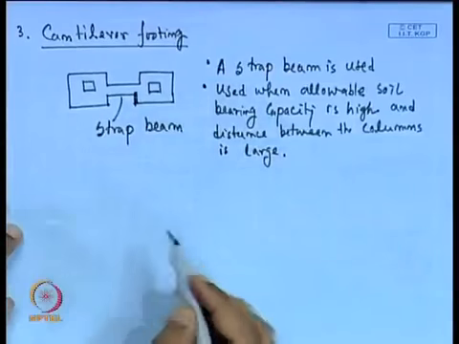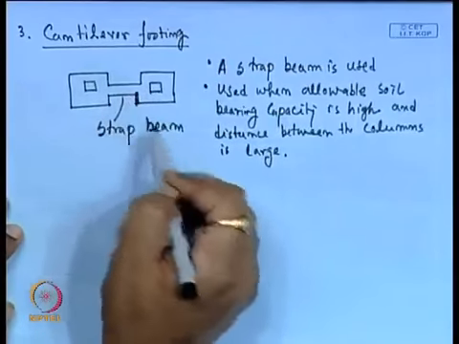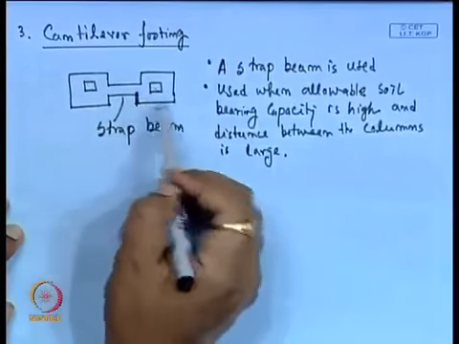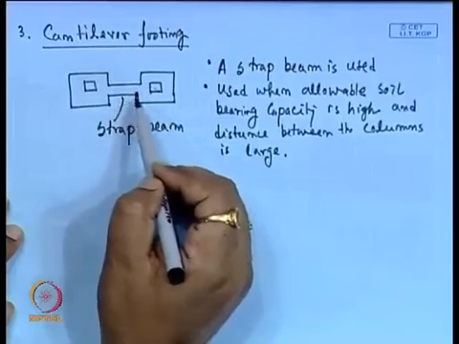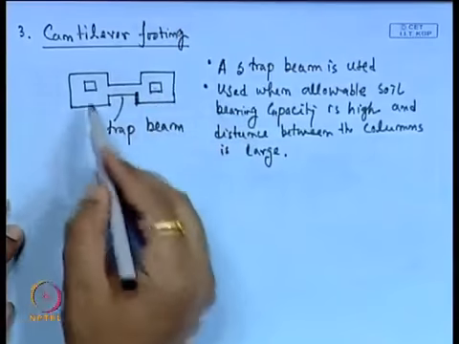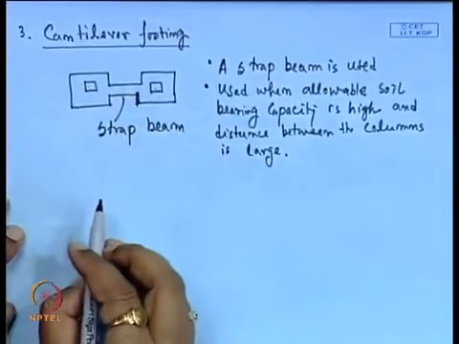So, that means it is used when this strap beam is connected between two columns. This is used when the allowable bearing capacity of the soil is high and the distance between two columns is large.